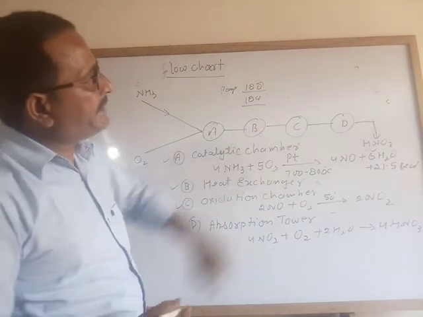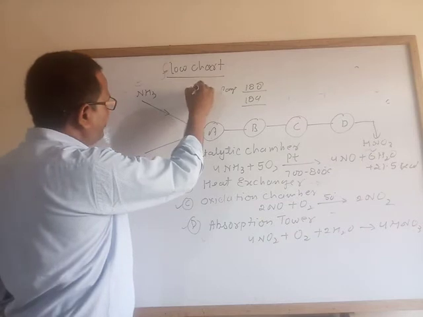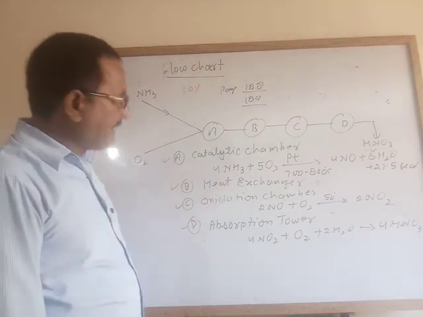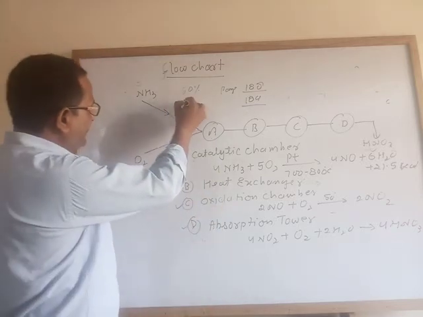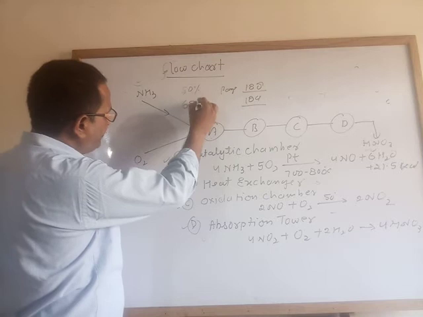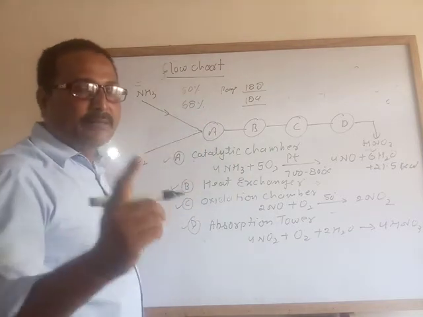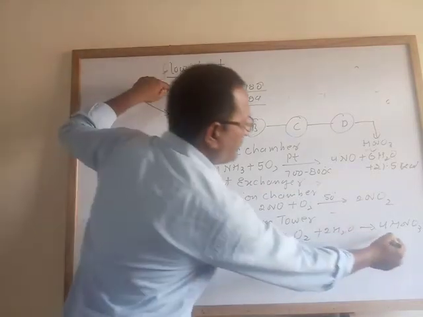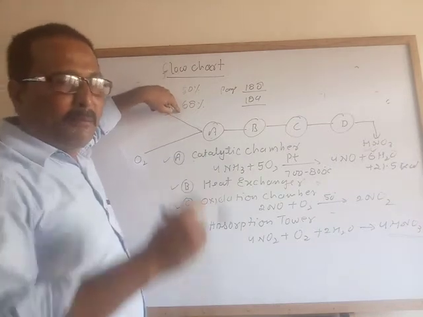Now the nitric acid prepared is 50% concentrated. After distillation or boiling, we can change it into 68%. This 50% concentrated nitric acid changes into 68%.